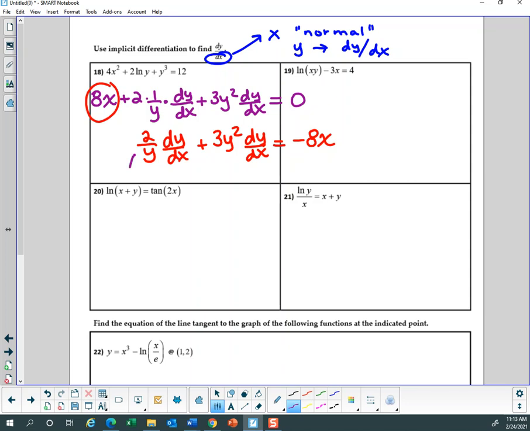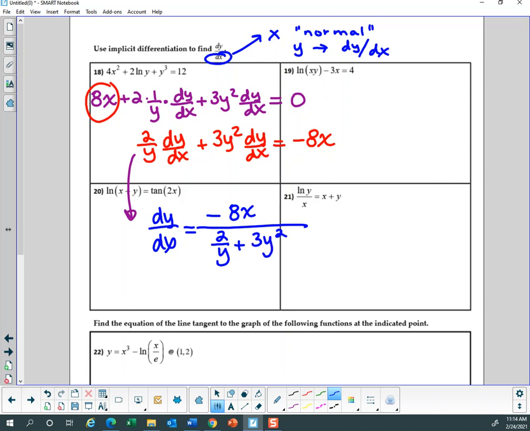So ultimately, my expression for dy dx is going to equal negative 8x over 2 over y plus 3y squared.